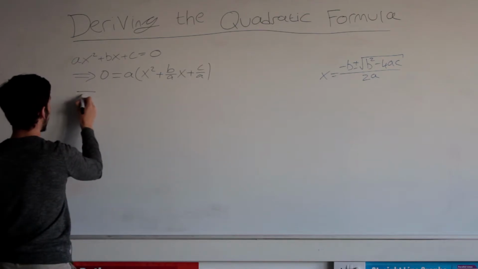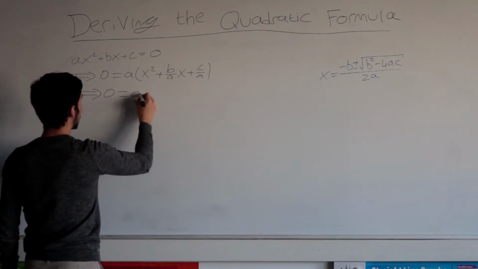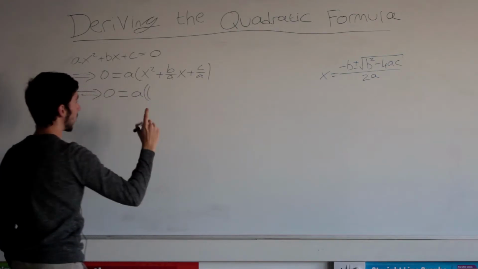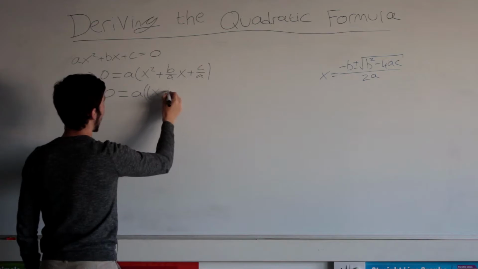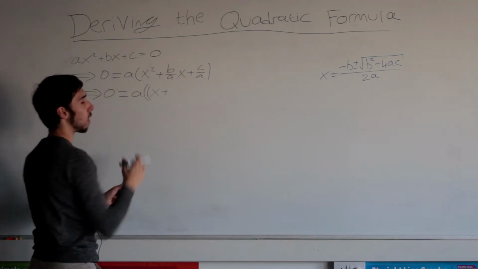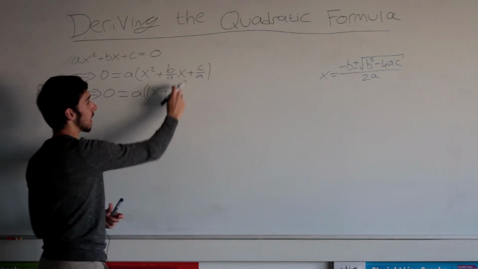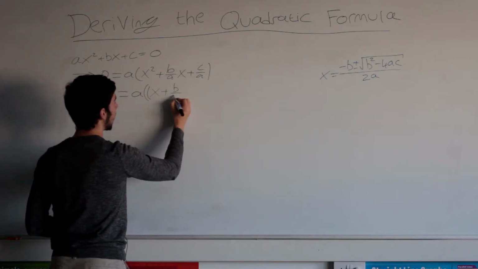Perfect. Next step. 0 is still equal to a times, and now we're going to complete the square on this bit. Like always, we're going to add half of the b value, this is actually b over a, but half of the value with an x in front of it. So half of b over a is b over 2a.